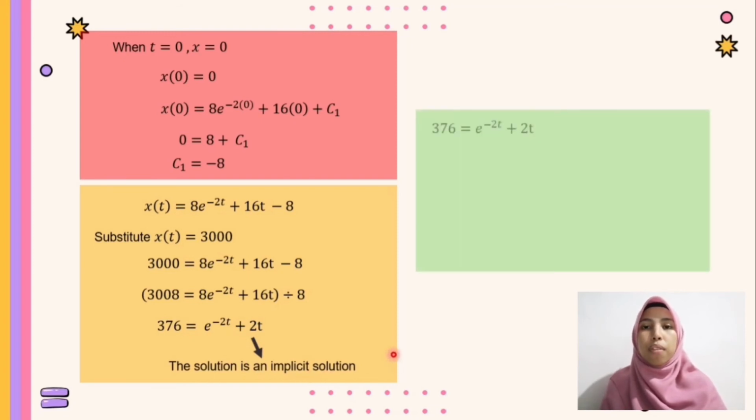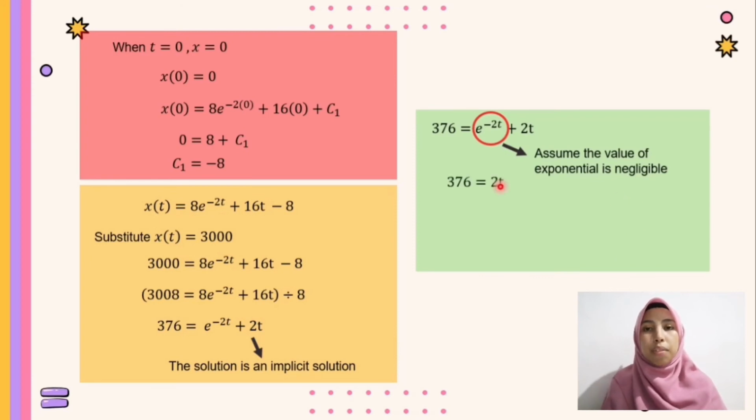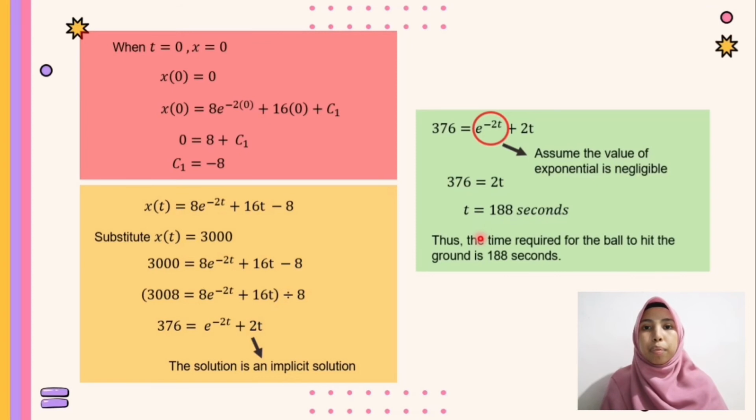Assume the value of the exponential is negligible. So 376 equal to 2t. Okay, so t equal to 188 seconds. Thus, the time required for the ball to hit the ground is 188 seconds. Okay, that's all.